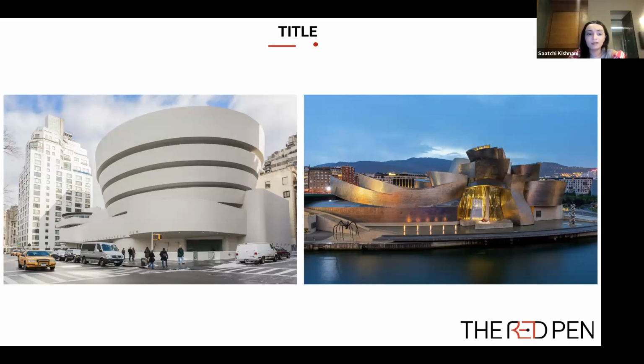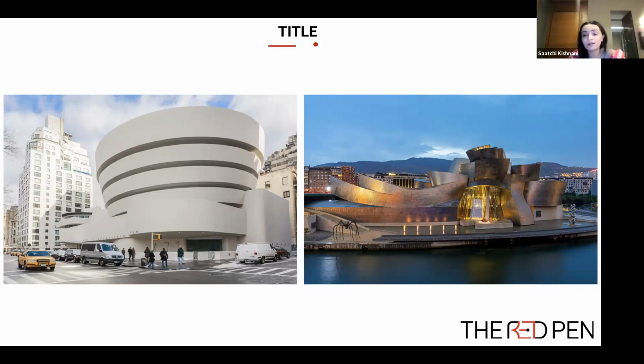These two just happen to be Guggenheim museums. It wasn't intentional on my part, but you'll see this beautiful circular spiral structure, which is the Guggenheim in New York on the left, and then that's Frank Gehry's Guggenheim in Bilbao on the right. Both almost seem sculptural, but aesthetically, experientially, they're so different.